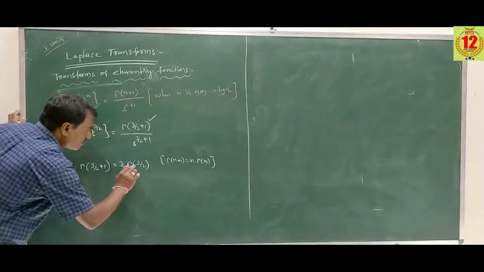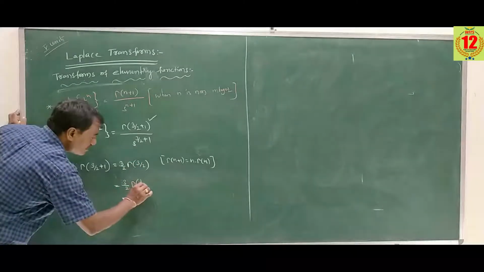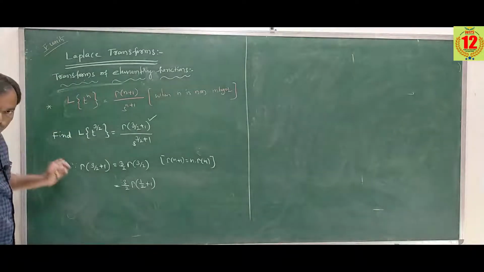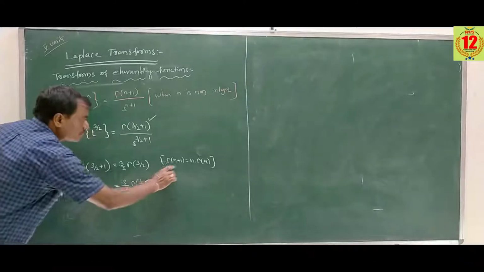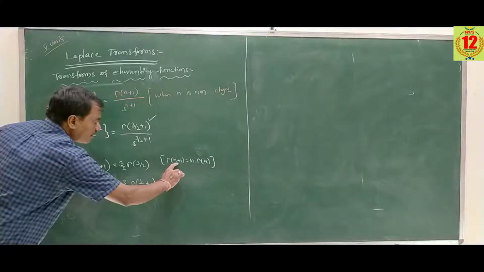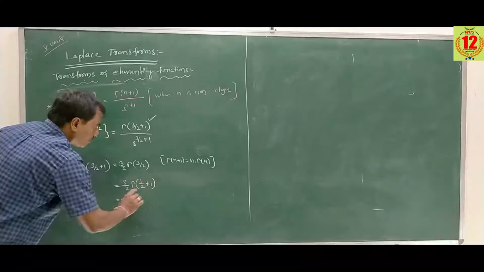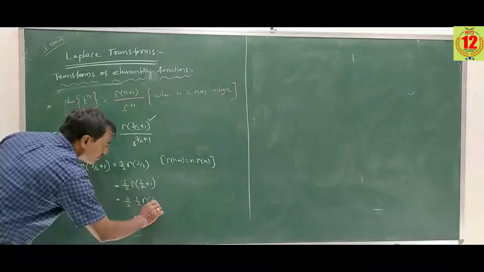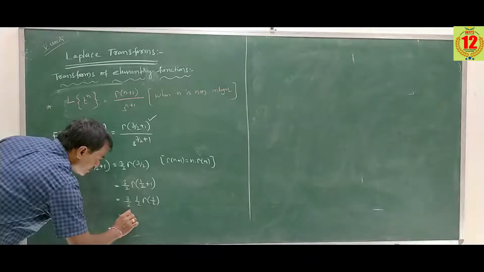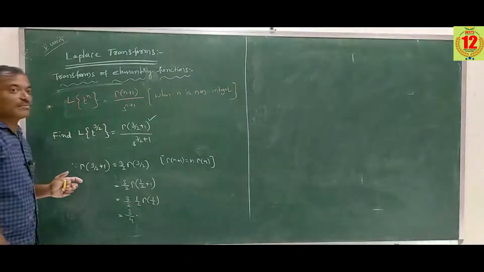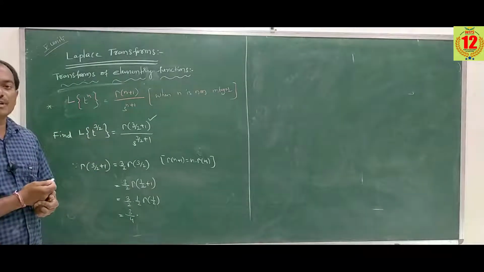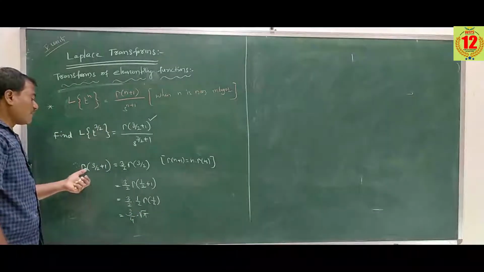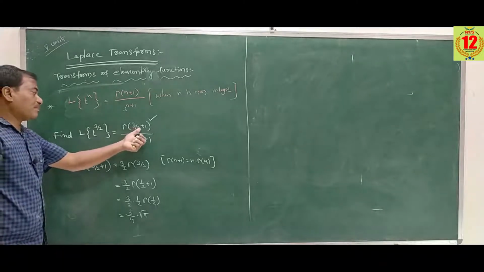And gamma of 3 by 2 can be expressed in n plus 1 form. So 3 by 2 can be written as 1 by 2 plus 1. And again this is in the form of gamma n plus 1 where n equal to 1 by 2. So therefore 3 by 2 into 1 by 2 gamma of 1 by 2. This is 3 by 4 and gamma of 1 by 2, already this is the standard value. Gamma of 1 by 2 equal to root pi. So this is the value of gamma of 3 by 2 plus 1.